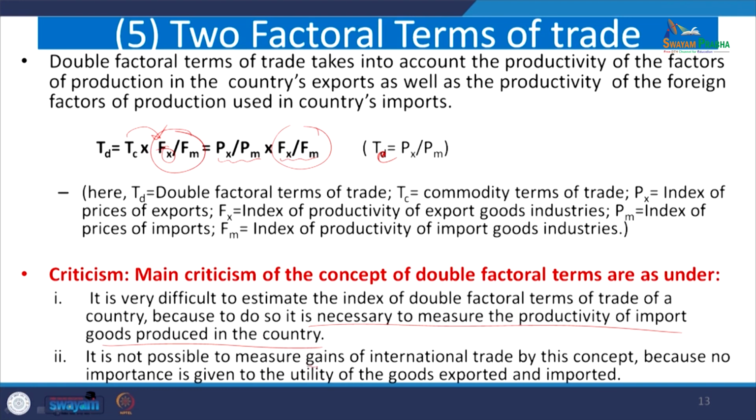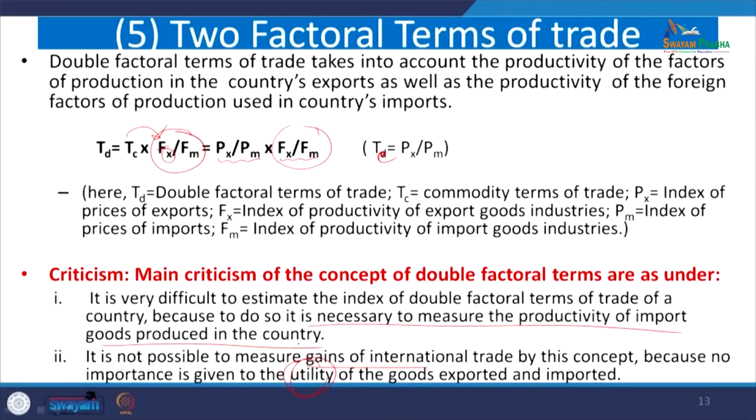Gains from trade: with this concept we are only concerned with the productivity differences which are responsible for trade, and the gains are not defined in this methodology, because no importance is given to the utility of the goods exported and imported, how much utility is actually derived from the imports or the exports.